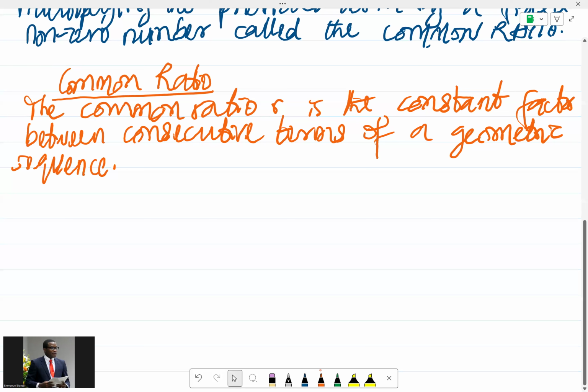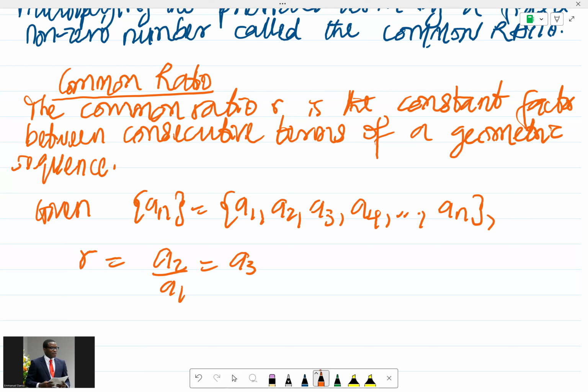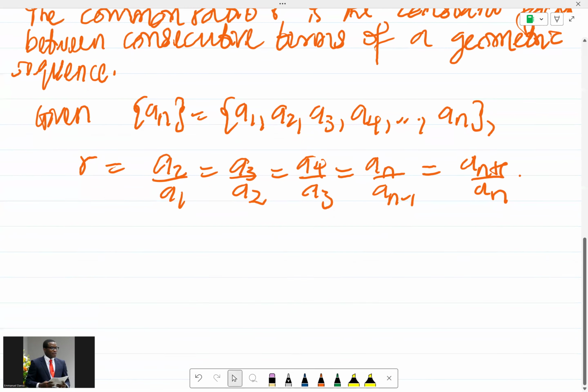So we can say given a geometric sequence a_n, which we can say is a1, a2, a3, a4, up to a_n. So R can be given as a2 over a1 or a3 over a2. You can go on and on, a4 over a3, and it can go as far as a_n over a_(n-1), or all the way to a_(n+1) over a_n.